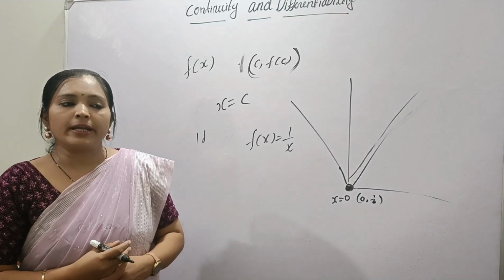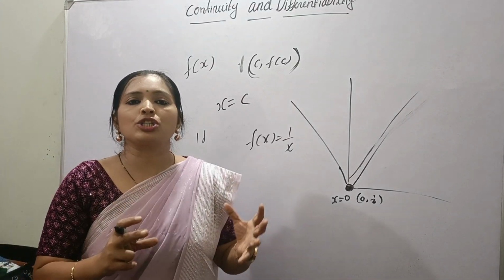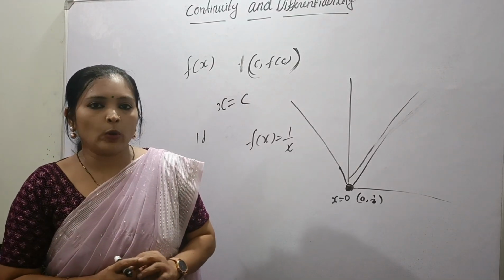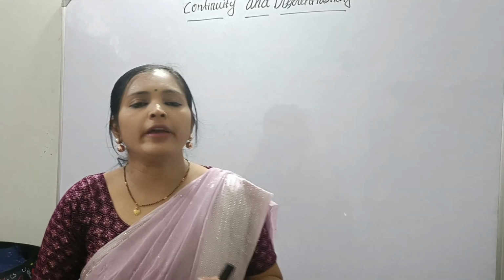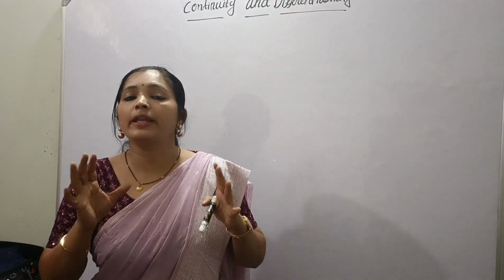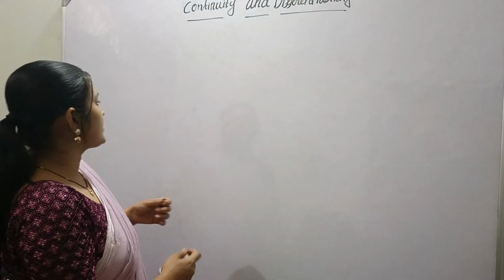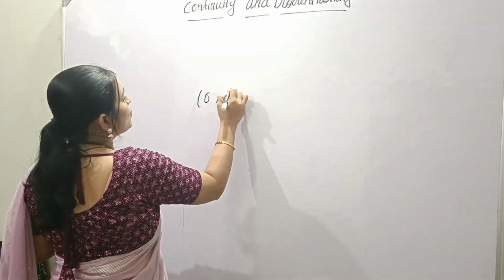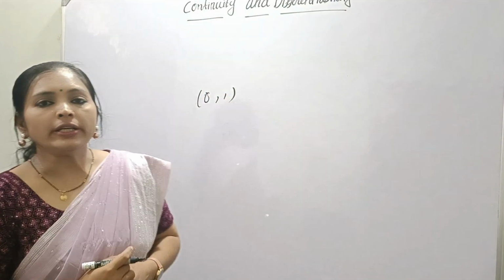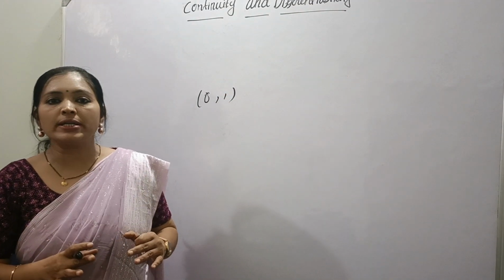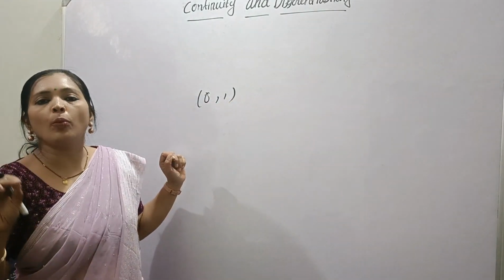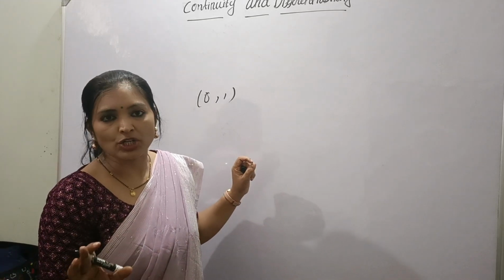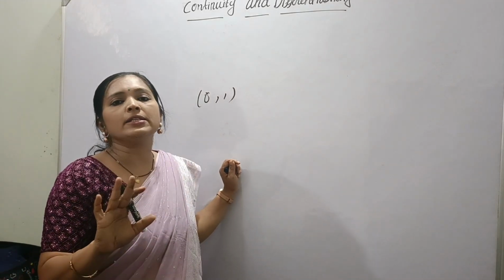Next we will study a continuous function on some interval. Let's say when a function is continuous in an interval, suppose the interval 0 to 1. A function f of x is said to be continuous in the interval 0 to 1 if there are no breaks in the graph of the given function in the entire interval range.